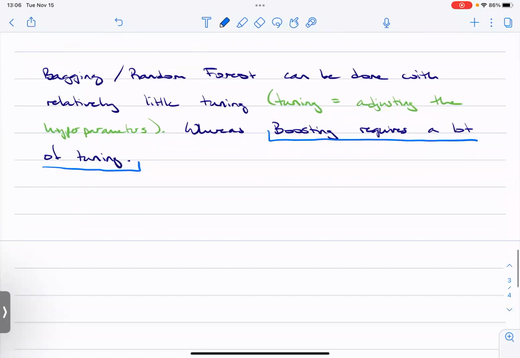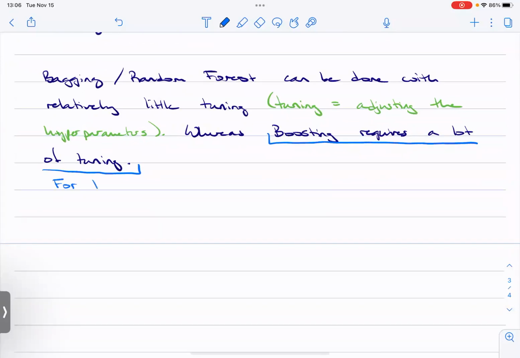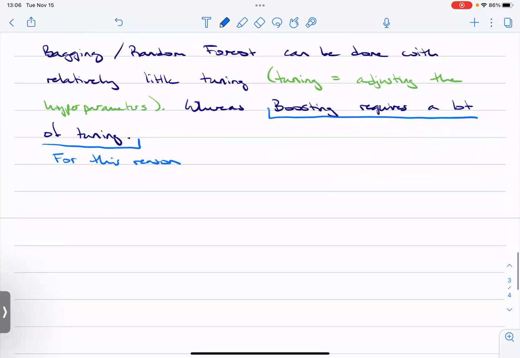And so for this reason, boosting can be a lot more complicated. It's not something you can't do, but unless you feel comfortable working with the random forest, then I say don't try to do boosting.